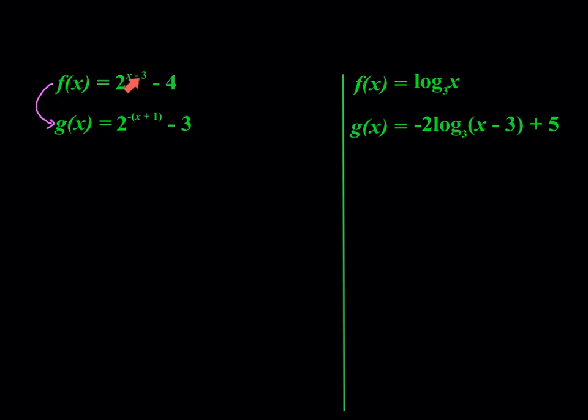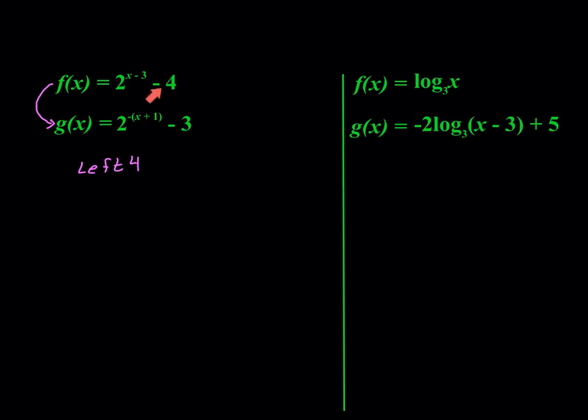So if we're going from a graph that was shifted right 3 to a graph that was shifted left 1, to get from here to here, you're going to have to go left 4 units. So we've got a shift left 4 units.